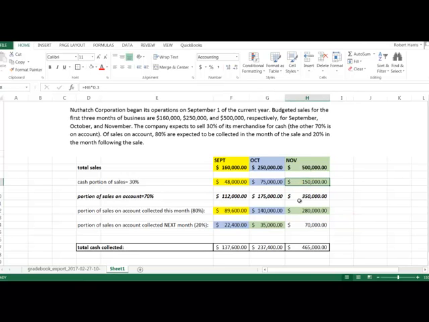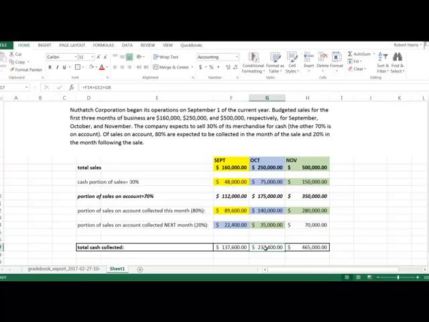So if we add these two together, let's see here, actually, did I do that right? This should really just be this one plus this one, 430. Oops, I'm sorry. It should be all the green ones for November.